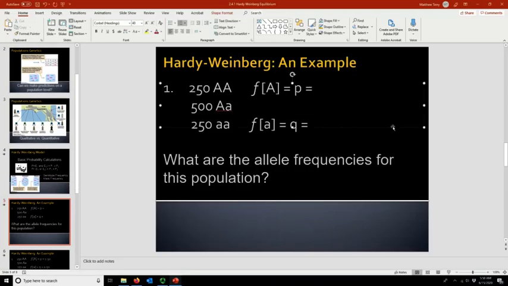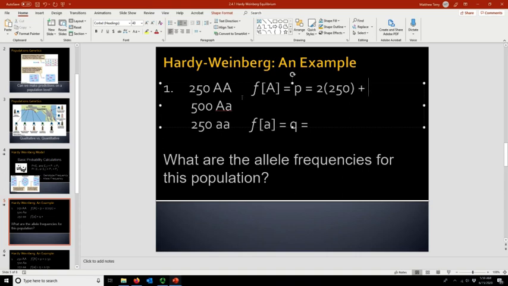So the allele frequencies for this population. What I'm going to do is count up all of the homozygous dominant, right, 250 individuals, and then because they carry 2 copies of that big A allele, I'm going to multiply that by 2. So I'm going to do 2 times 250. And again, the reason I'm doing that is those 250 individuals carry 2 copies of that big A allele. Okay, I'm now going to add in the heterozygotes.